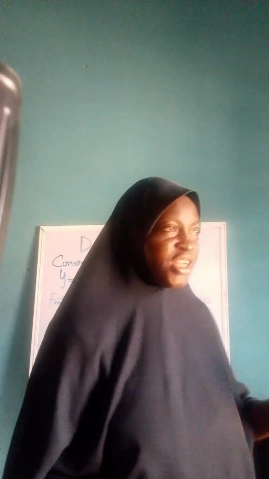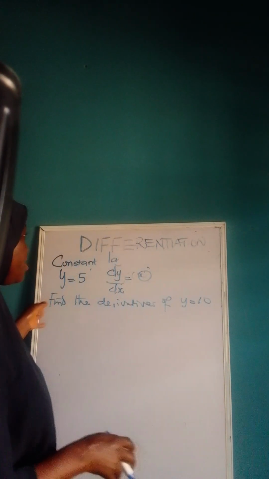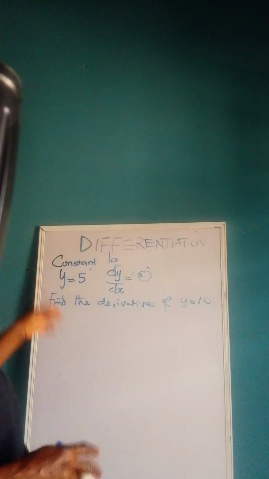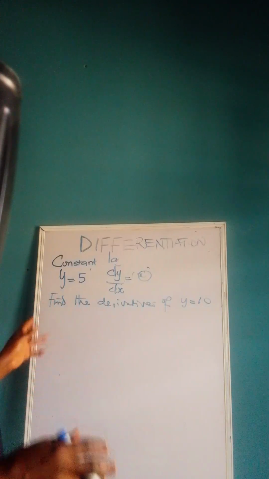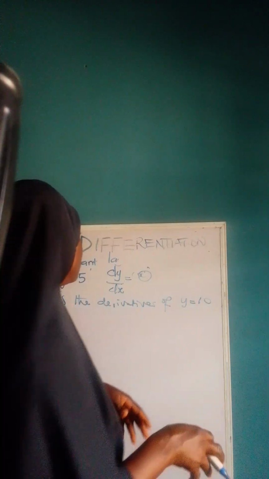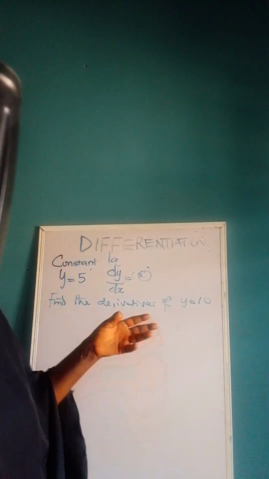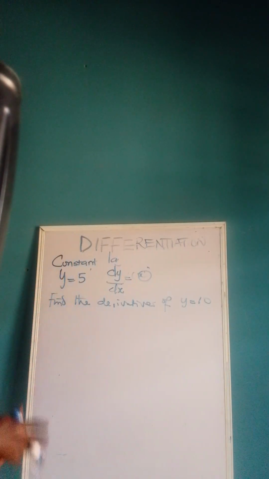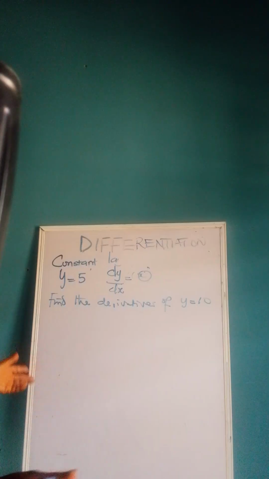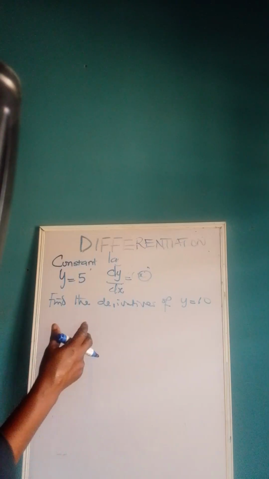The differentiation of any number is 0, and that is what the constant law is saying. The constant law says dy over dx of a constant c is equal to 0, of any number whatsoever, how big or small it is.